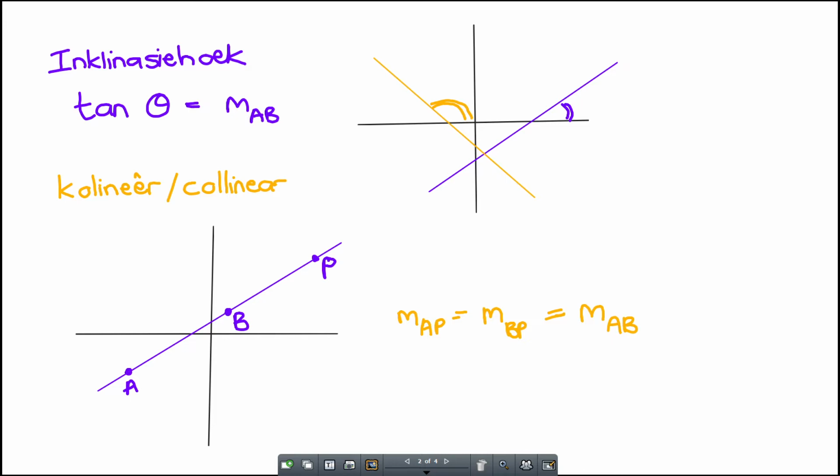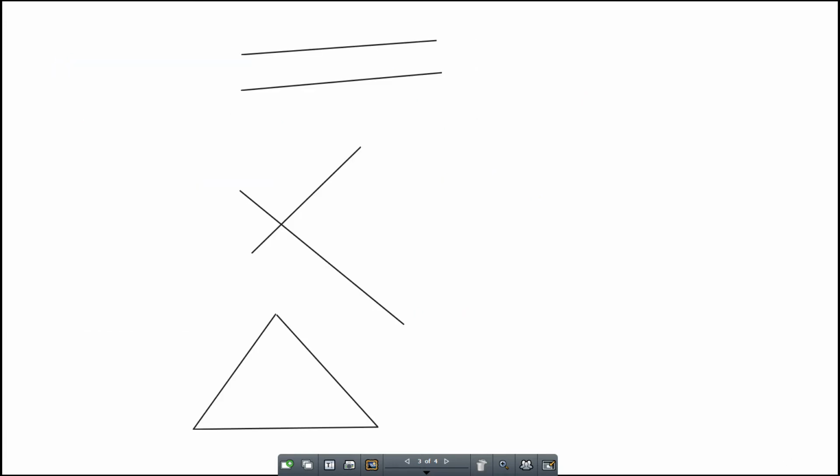Goed, done. I'm now on that second page. It says that if two lines are parallel. So, hier's my twee parallelle lyntjies. Ekskuus, nou het ek daai driehoekie se lyn uitgevee. Okay, so as daai twee lyntjies parallel is, né?